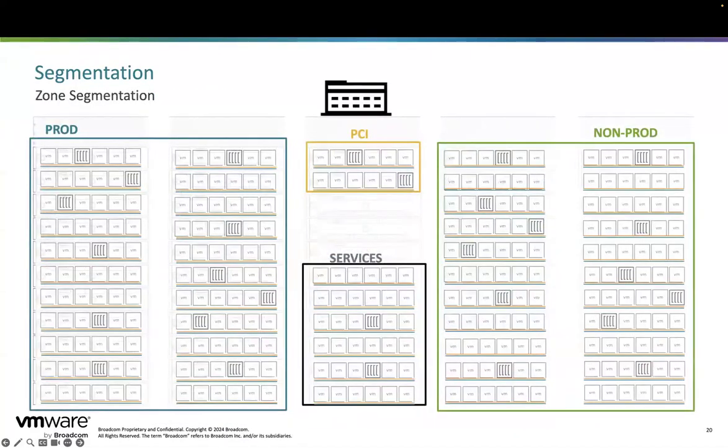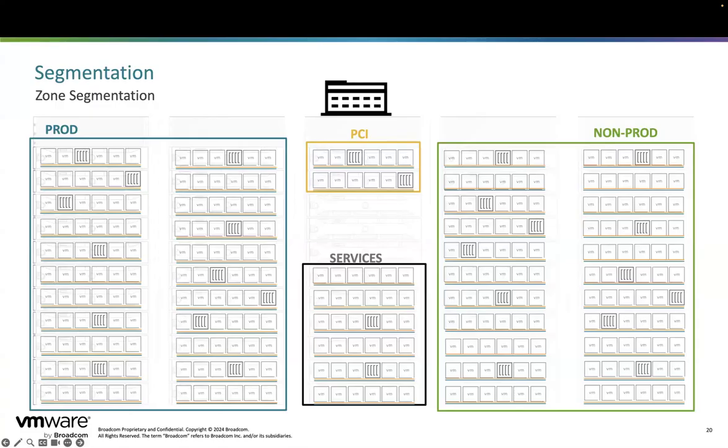Another way to look at it: here's my prod, my PCI, my non-prod, my services. Now, keep in mind that historically, the only way to separate these things and have security was to put them probably in separate clusters and then stand up your firewalls between those clusters just to create some boundary there. Yeah, you could do it by IPs and you're still going to build your policies by IP, but a lot of times customers were actually taking it beyond just IP and building dedicated clusters with dedicated IP subnets for non-prod, prod, DMZ, whatever it might be.